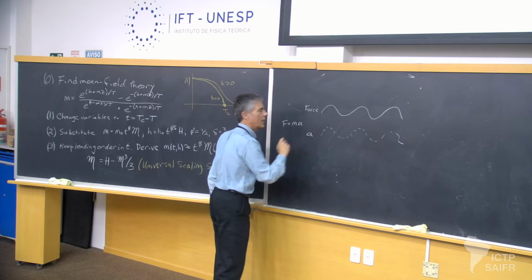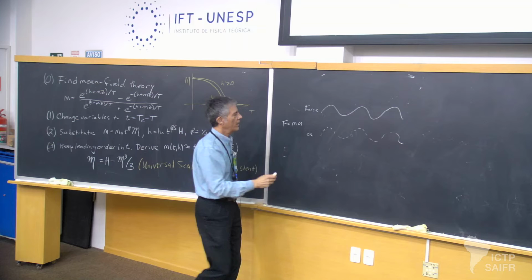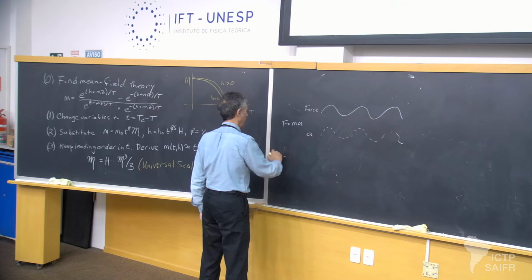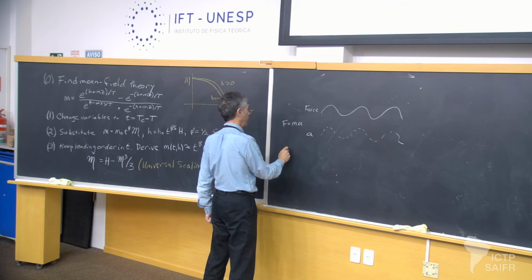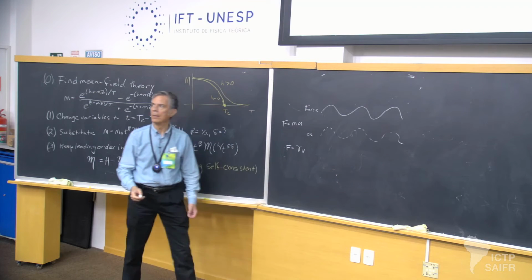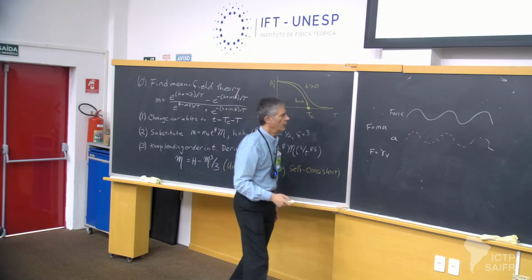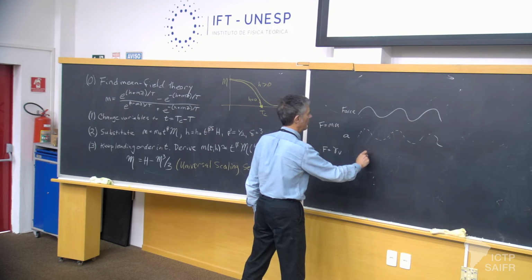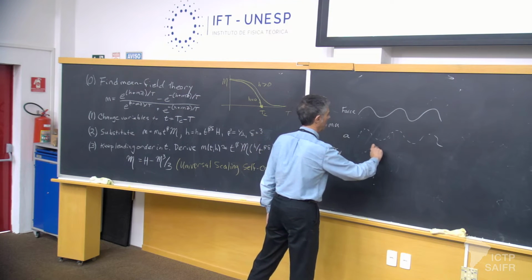This is the acceleration. But it's not always in phase. If I have F equals gamma v, that's damped, then the acceleration is shifted to, I don't know, something like this.